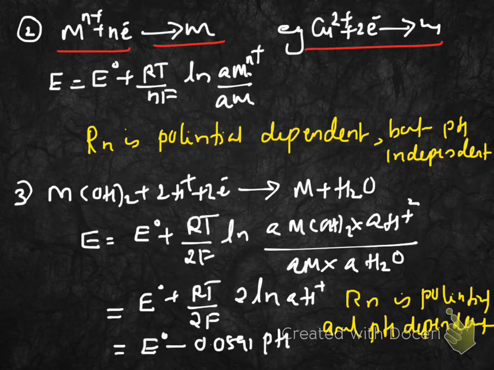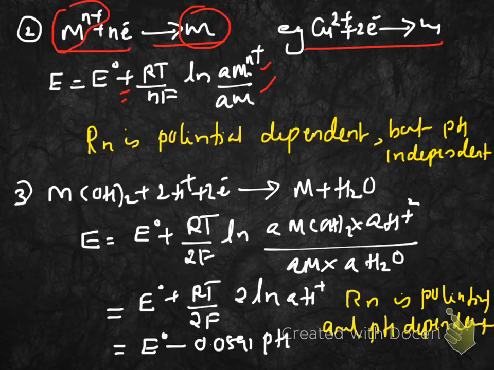When we are applying the Nernst equation for the same, we will get E equal to E0 plus RT by nF ln, activity of M n plus, oxidized species on the top and reduced species in the bottom, numerator and denominator, since it is plus.